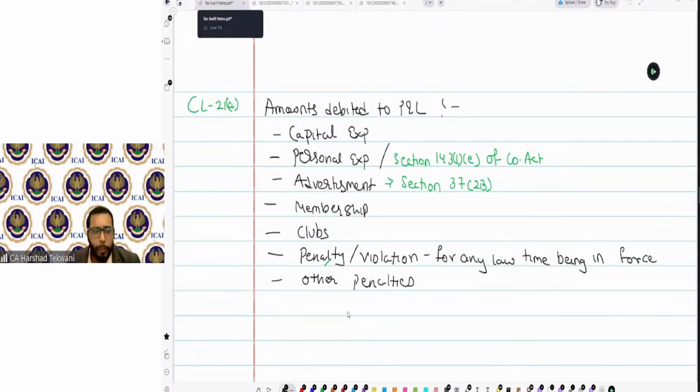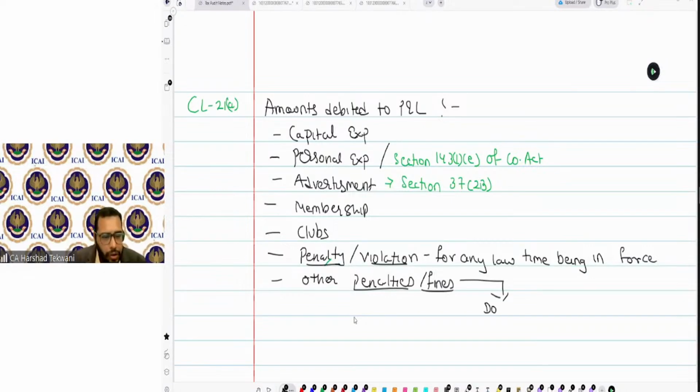Now coming to a point where we need to understand whether penalty, violation, or fine is similar to the interest that is paid. See, we are talking about penalties or fines. These do not include interest.